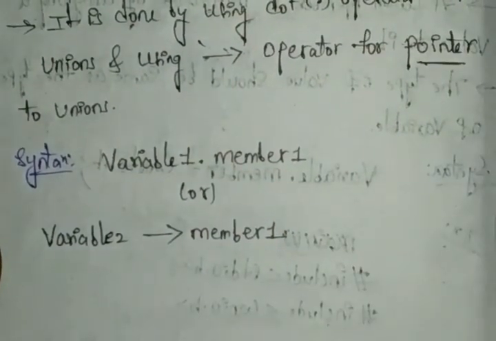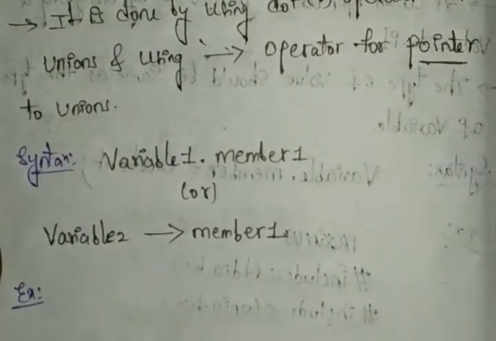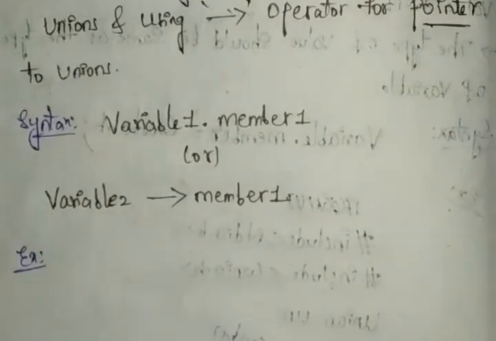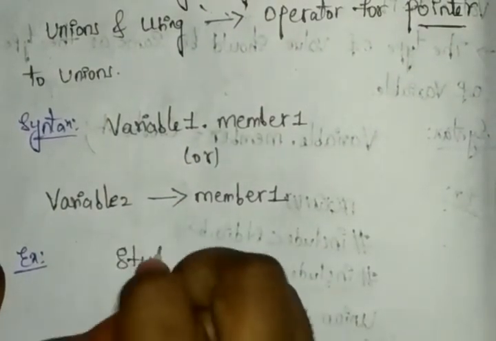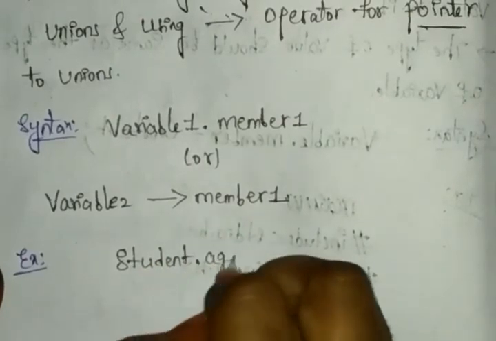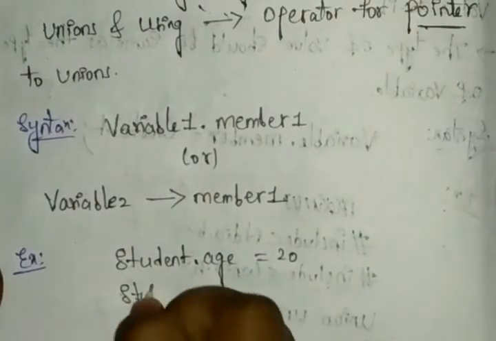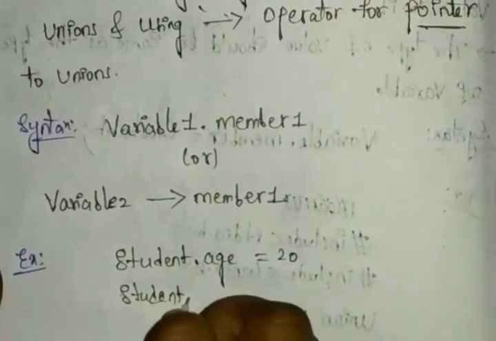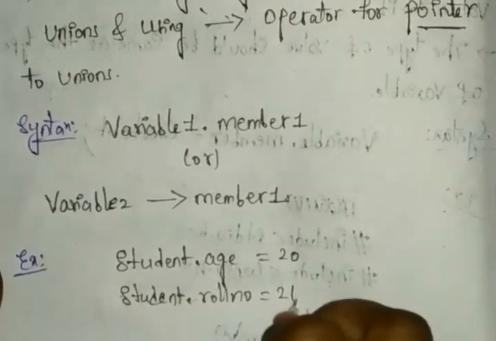For example, here I'm taking student: student dot age will be 20, and student dot roll number 26.